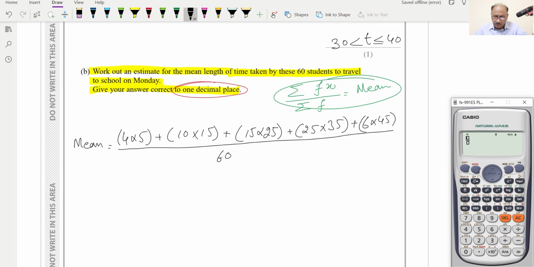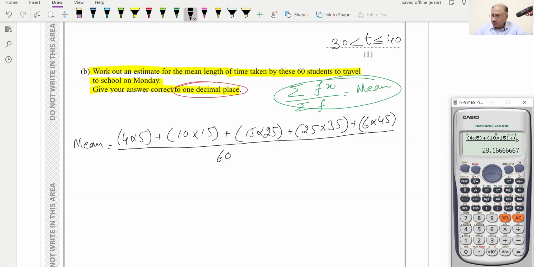As a fraction: 4 multiplied by 5, plus 10 multiplied by 15, plus 15 multiplied by 25, plus 25 multiplied by 35, plus 6 multiplied by 45, divided by 60.